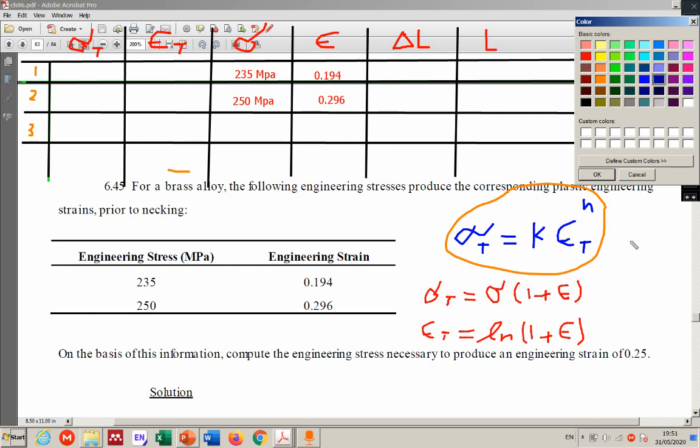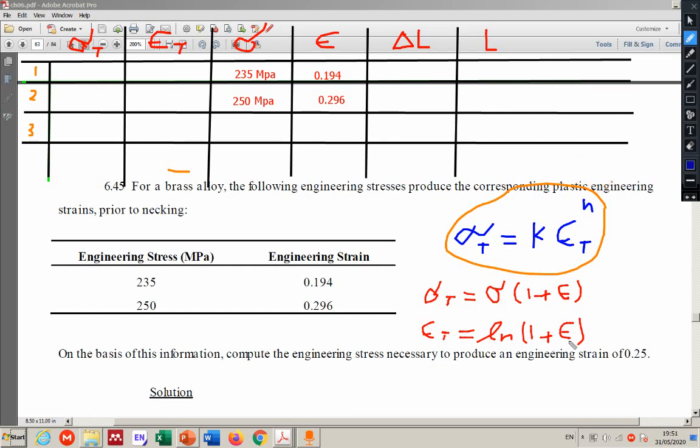Now let's find the true stress first. For the first case, 235, I'm writing it. For the second case, I'm not writing it, I'll just directly get the answer. So I have 235 times 1 plus the engineering strain, which is 0.194. Through here, I can calculate the true stress, which I'm going to write here.